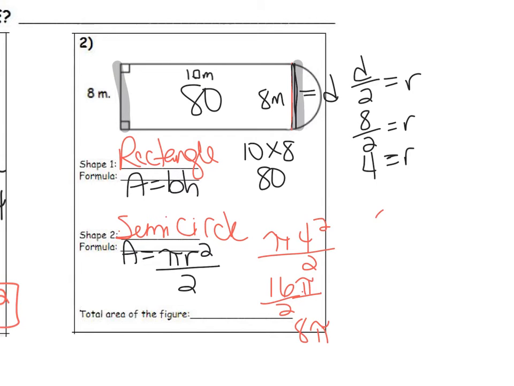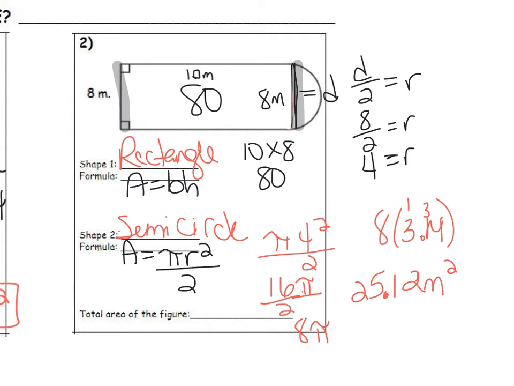Now I'm going to multiply 8 times 3.14. 8 times 1 is 8, plus 3 is 11. 8 times 3 is 24, plus 1, 25. So my area of the semicircle is 25 meters squared.